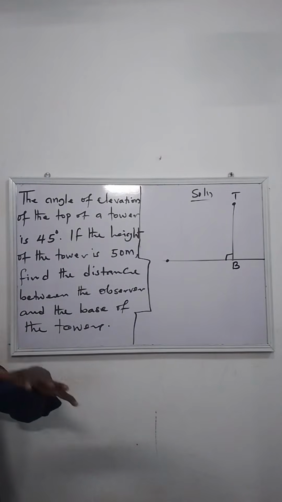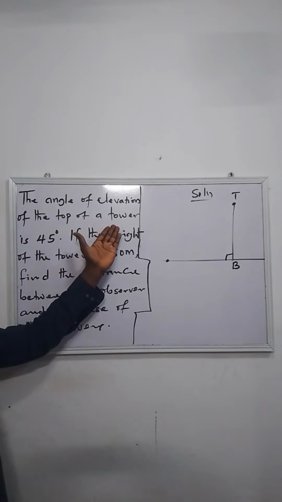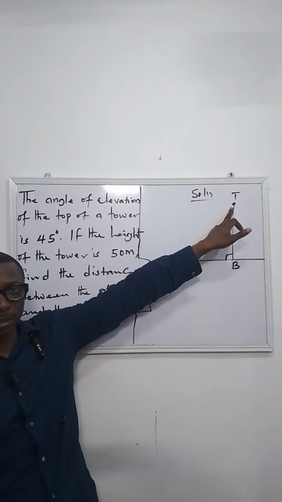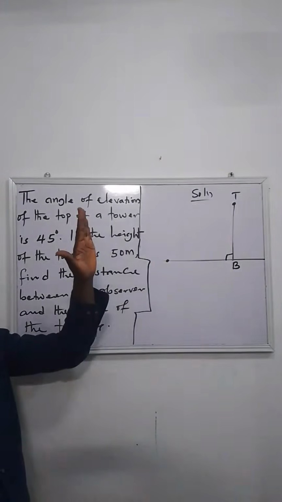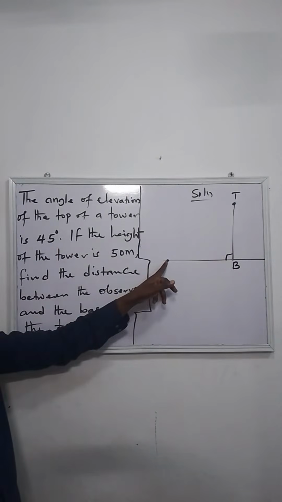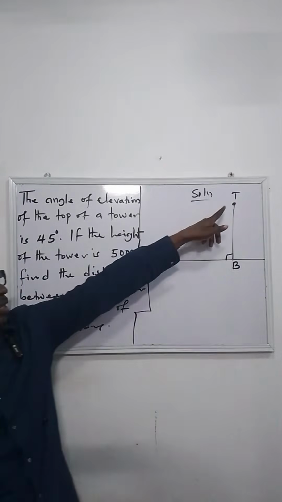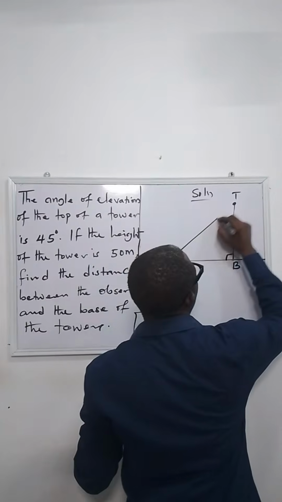Many students make mistakes when they have this type of question because they hear the top of the tower, and they put the angle here. No, the angle is not here because the observer is here. The observer is the one raising up his head by angle 45 degrees. So angle of elevation will always be beneath. Looking at the top of a tower, this is going to be the line of sight.